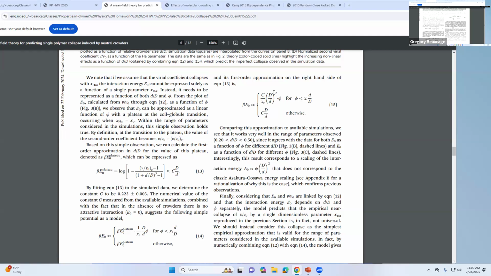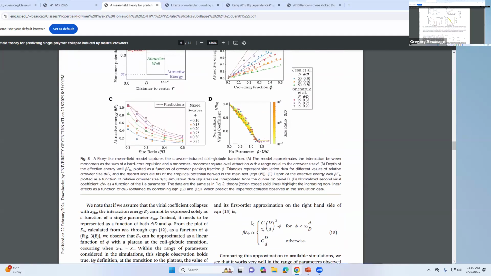So he's got BE0. He finds regimes when this is small, when the concentration is smaller than this parameter, it's related to the Ha parameter, and otherwise he has that term. And then he can calculate this term from the original AO theory, the Japanese guys, which is in Appendix B, and he gets a cubic thing, and they get a linear dependence on this D by D. So he's kind of saying he's figured something out beyond what the Japanese guys figured out.